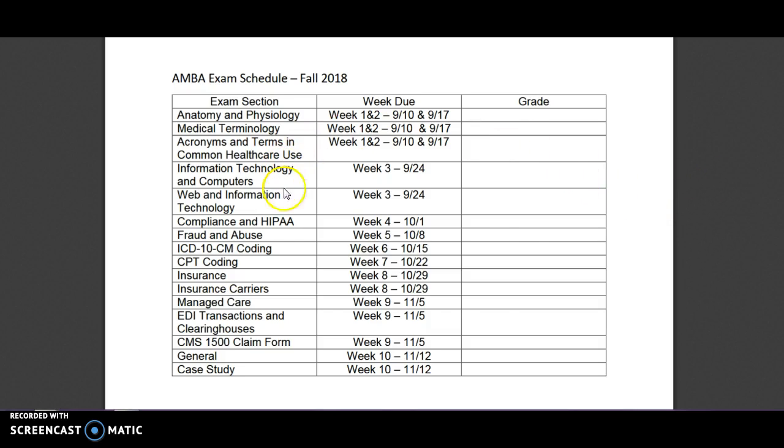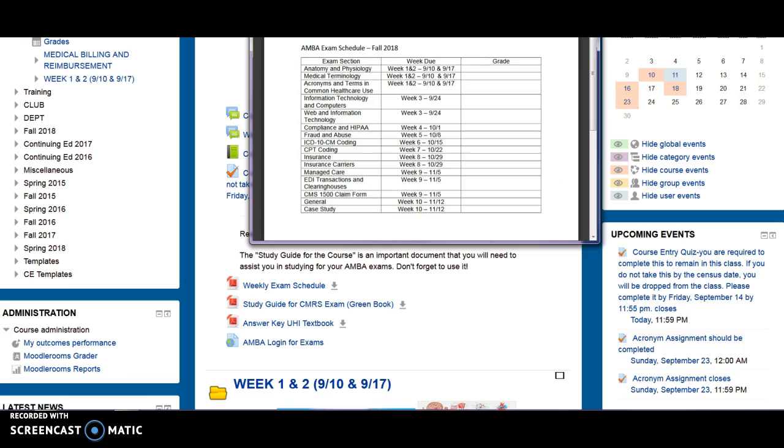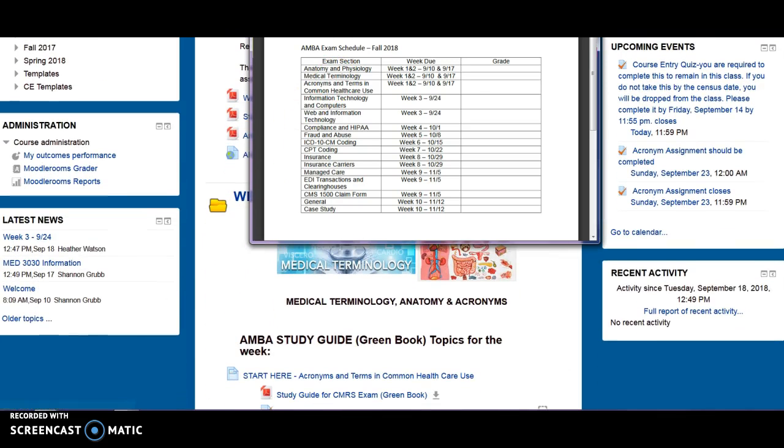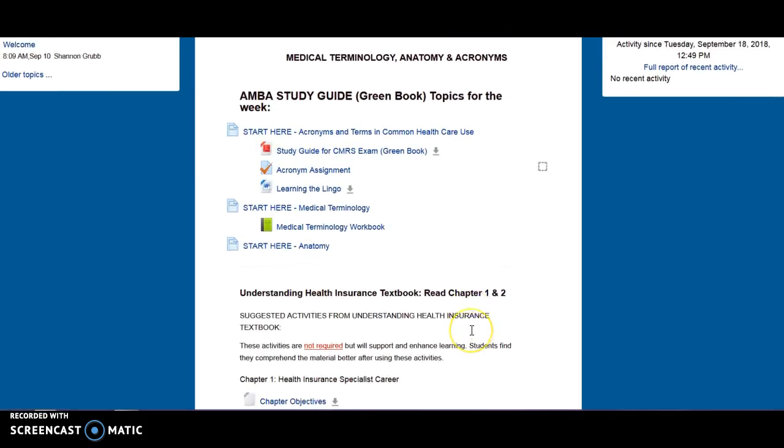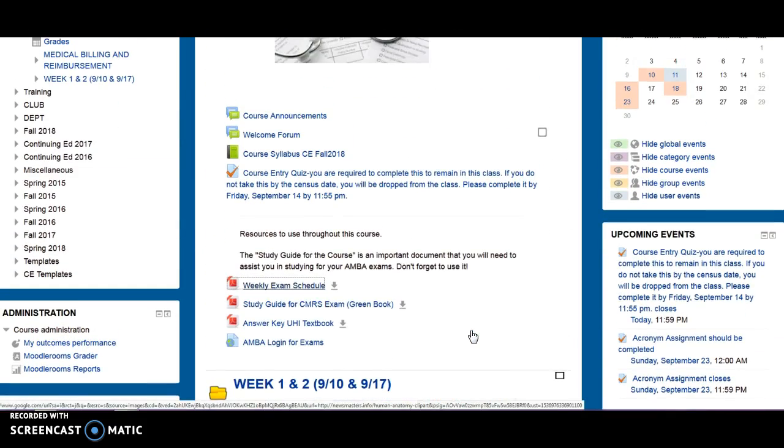But this is the suggested guide for your AMBA exam schedule. You'll find that your weeks in the class will open up and mirror that exam schedule. So you see week 1 and 2, you're on anatomy and physiology and medical terminology, and that's exactly what you can see right now. I hope that helps explain a little bit about what you're looking at as far as the content is concerned.